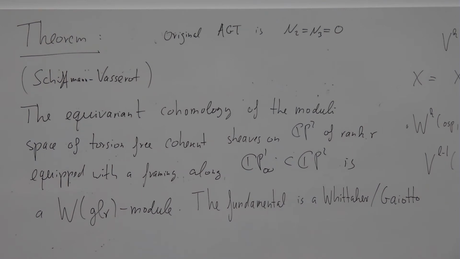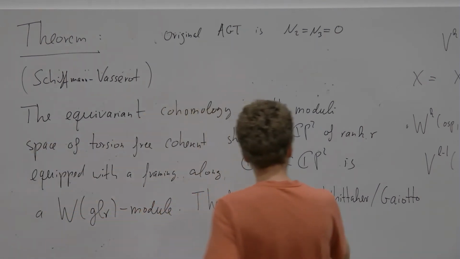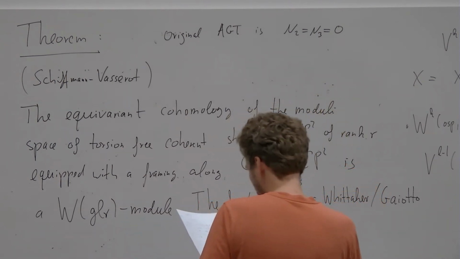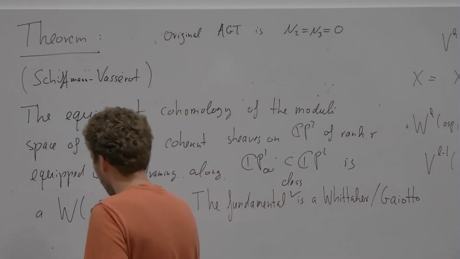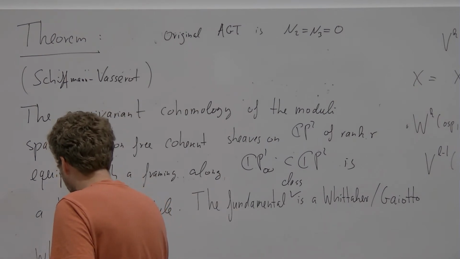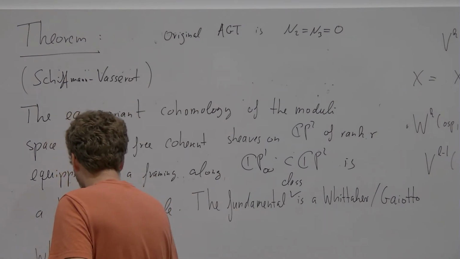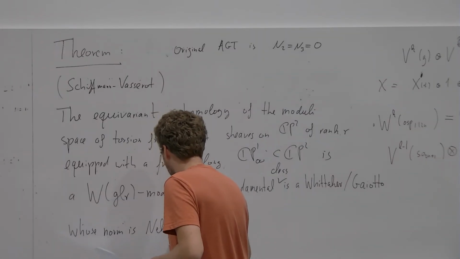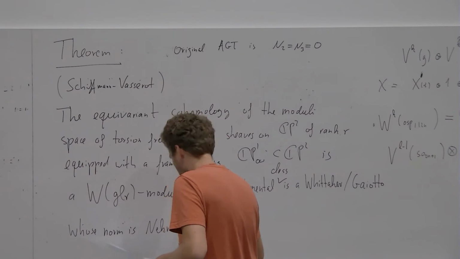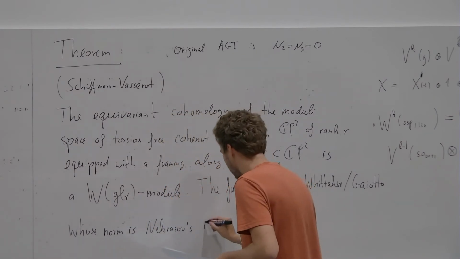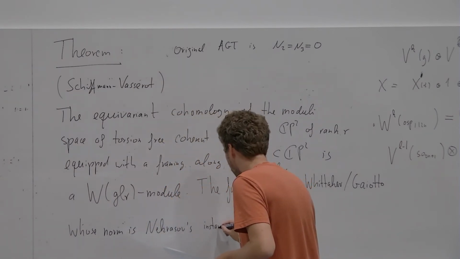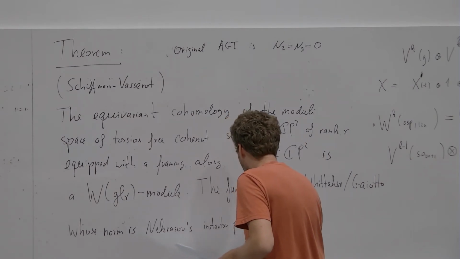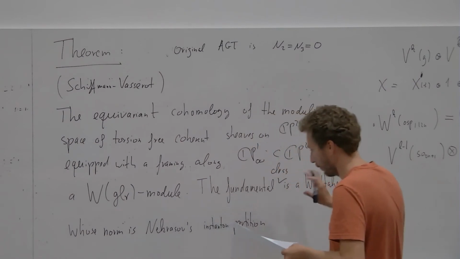The fundamental class of this cohomology is a Whittaker vector whose norm is Nekrasov's instanton partition function. I will comment on the vocabulary in a moment.